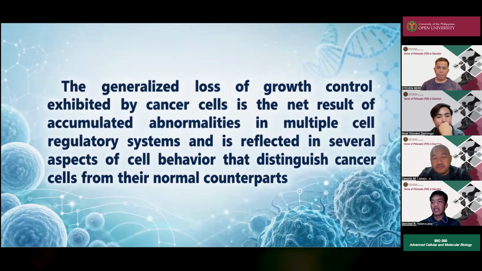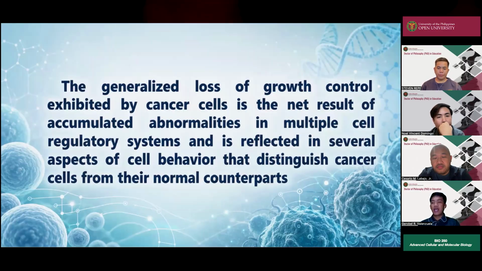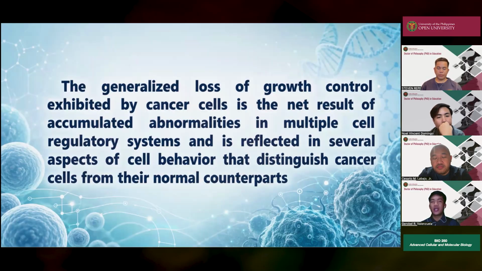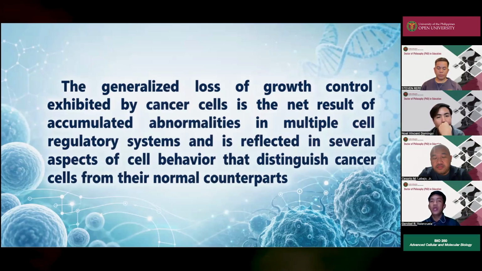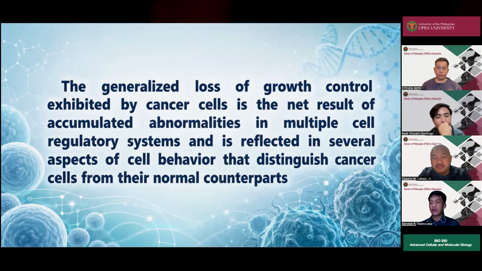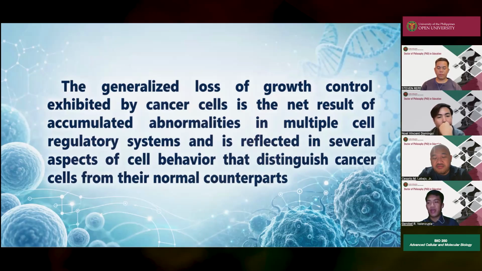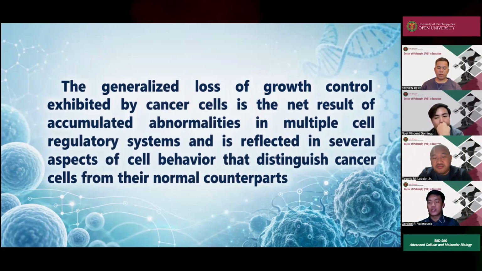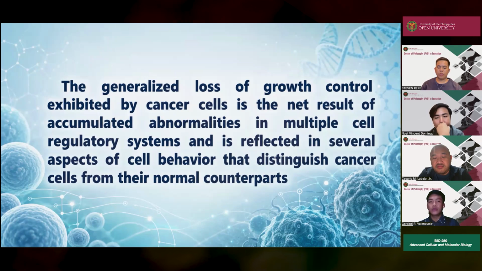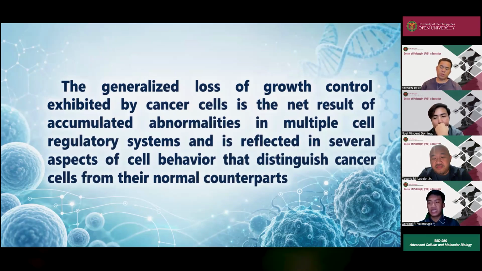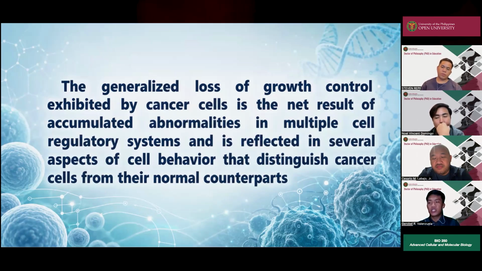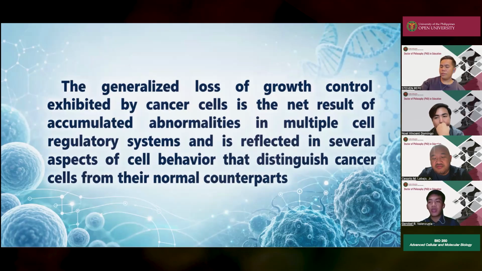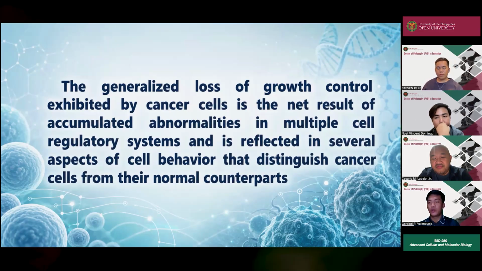This slide explains that cancer cells show a generalized loss of growth control, which means that cancer is not caused by one defect alone. Several regulatory systems are affected, including the cell cycle, DNA repair, cell signaling, and immune recognition. These combined abnormalities make cancer cells different from normal cells.